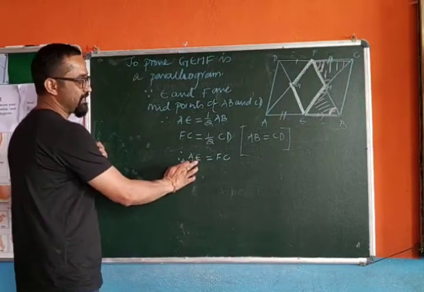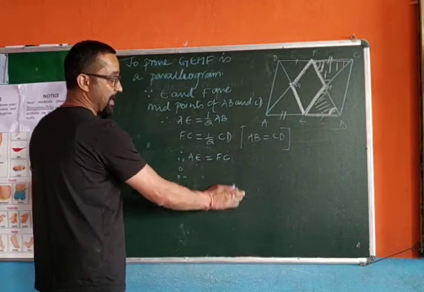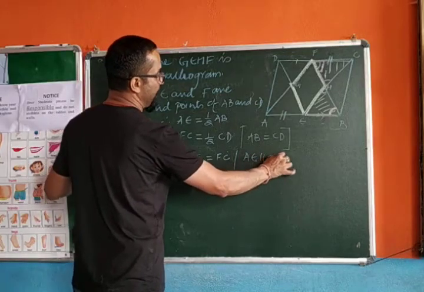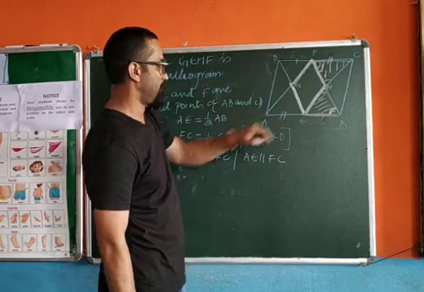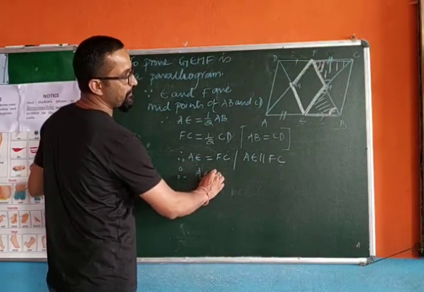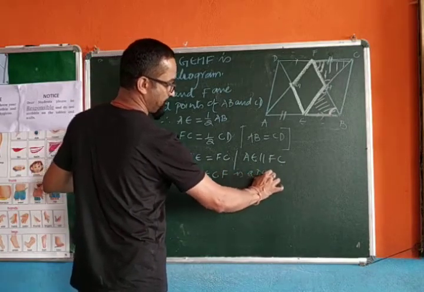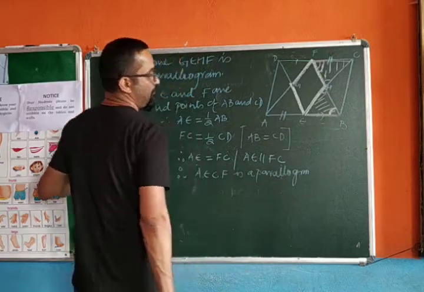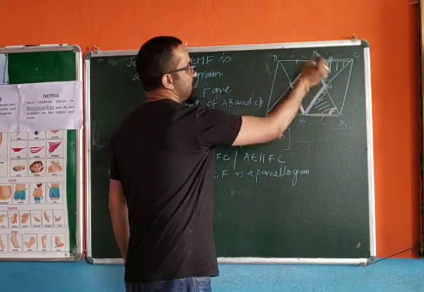Since they are equal and we have a parallelogram, AE will be parallel to FC because they are sides of a parallelogram. Therefore, AECF is a parallelogram. So we prove this is a parallelogram.